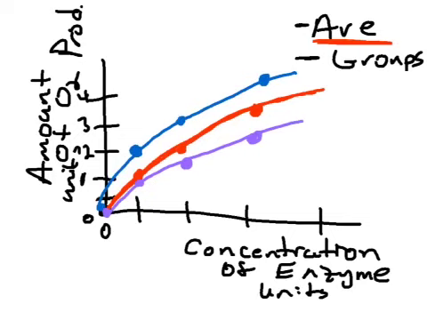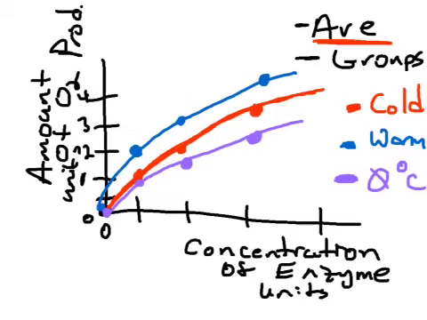You have group 3, and this line, which maybe represents 0 degrees Celsius, and maybe this line represents warm, and this line represents cold. So there you have a graph constructed really quickly, sketched out.